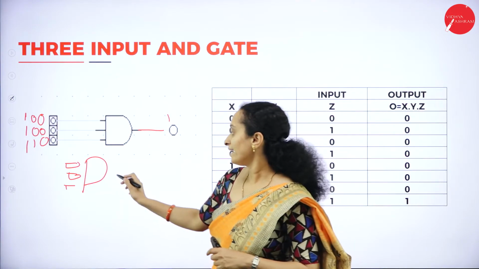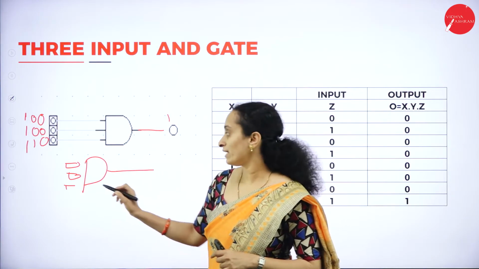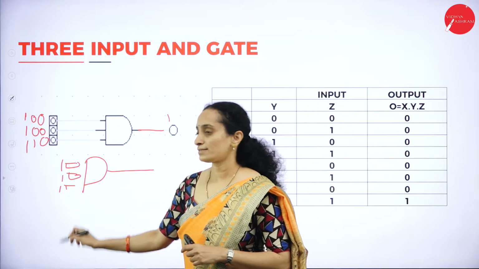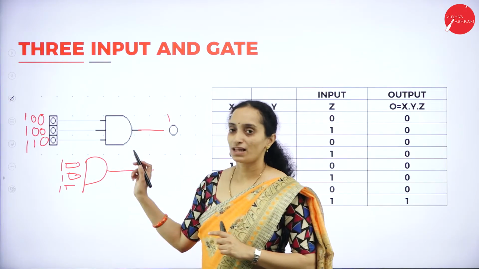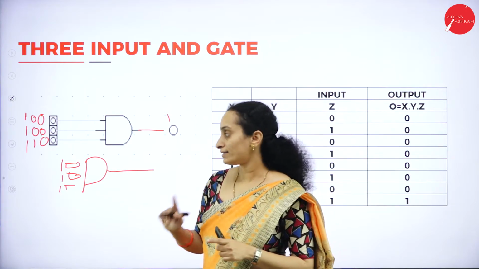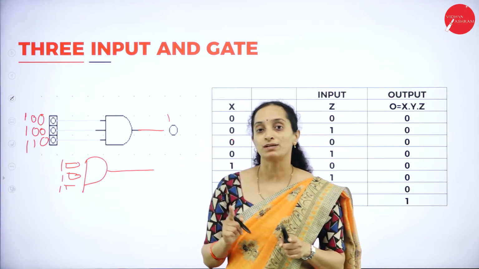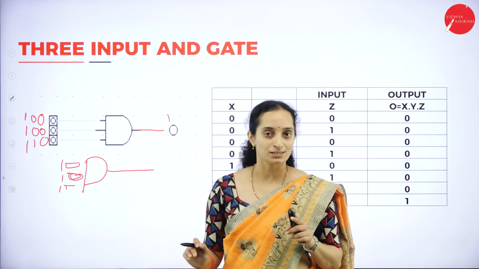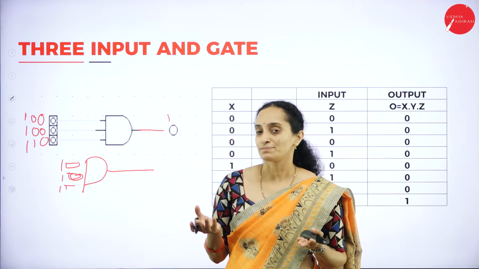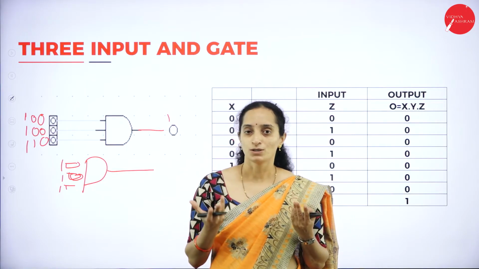The light glows only when all the switches are in the on position. Otherwise, if one of the inputs is low, if you forget to switch on one of the switches, then you will not get the bulb glowing.